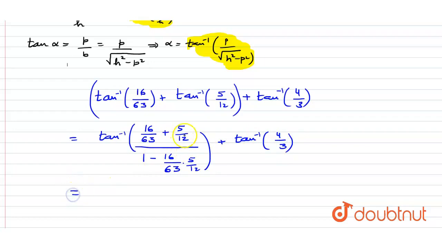Now if you simplify this whole thing, you will get the first term as tan inverse of 3 by 4 plus tan inverse of 4 by 3.